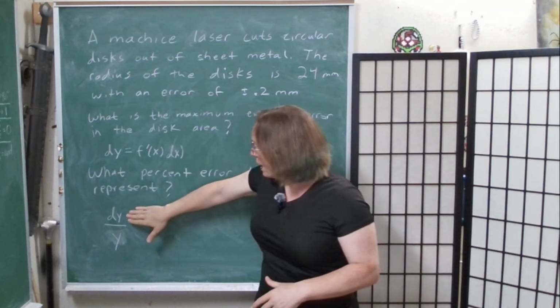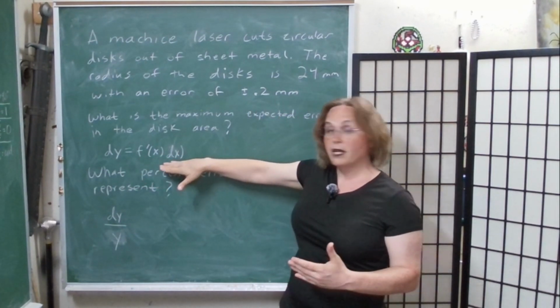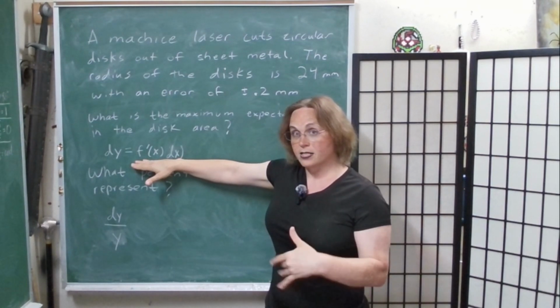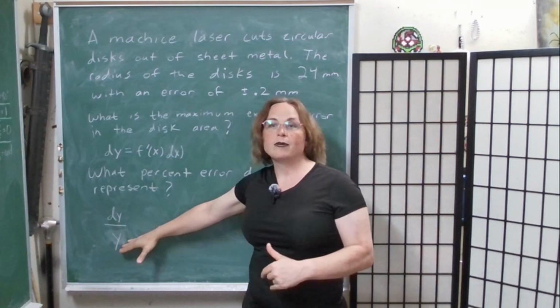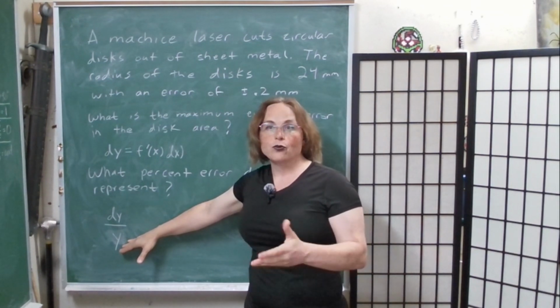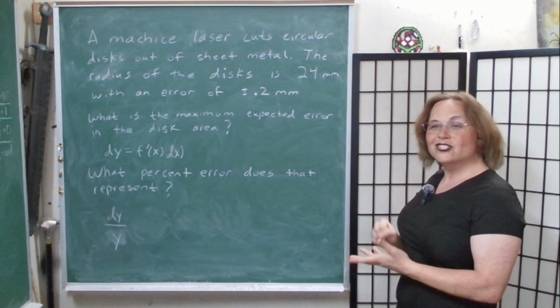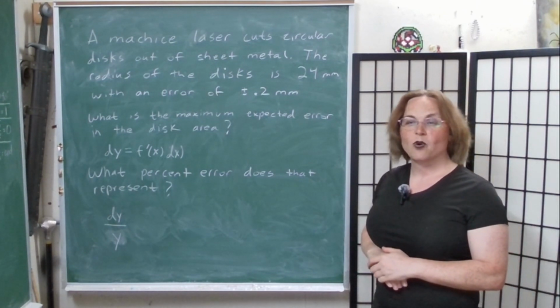And then down here, the dy is going to be this part, which would be whatever the derivative of the relationship between the area and the radius is, and then of course the change in the radius. And then the y here is going to be the actual area you computed for that given radius. So go ahead and give this a try, and I'll show you the answer in 3, 2, 1.